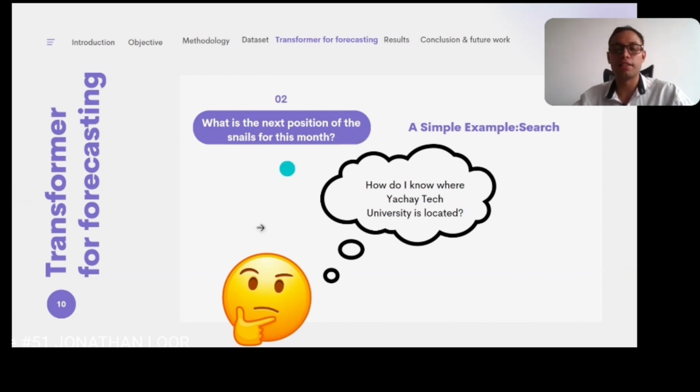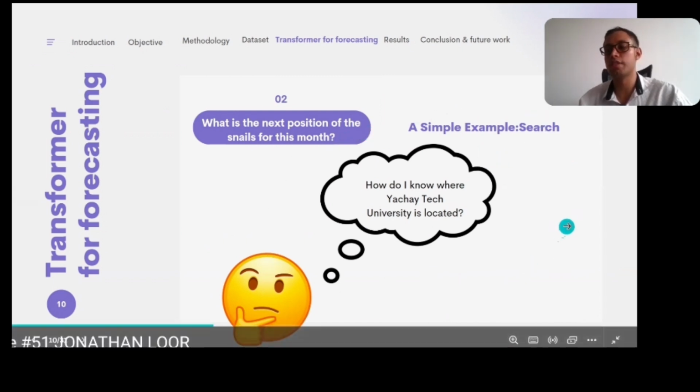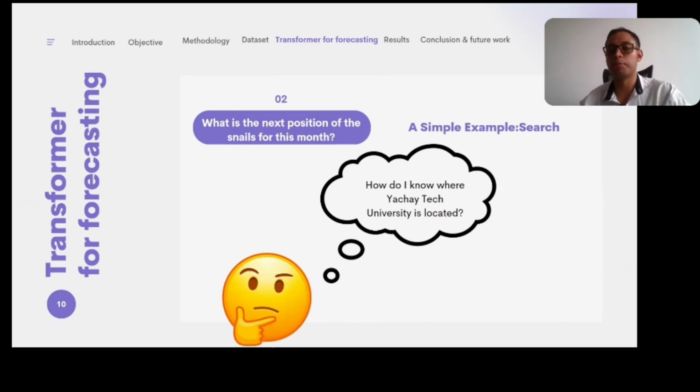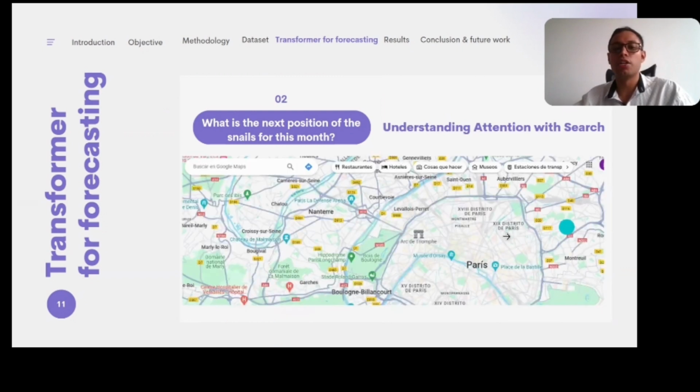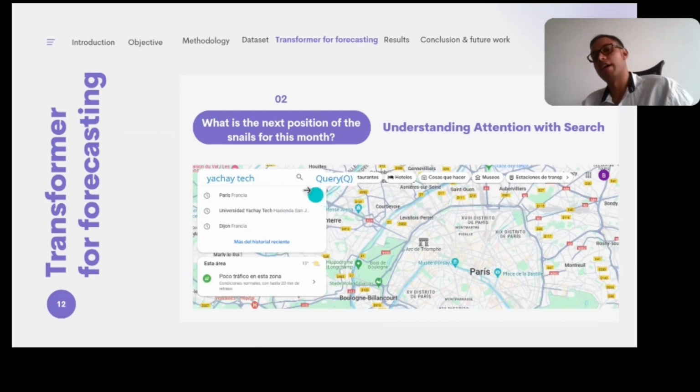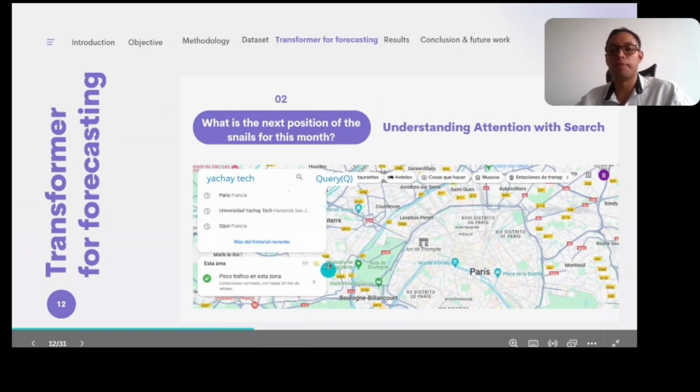So this is a simple example of how to use this concept to extrapolate positions. In this case, we need to know where Yachay is located. So basically, we can use Google Maps to find the keyword Yachay. It gives different results like Paris, France, Universidad Yachay and Dijon, France.